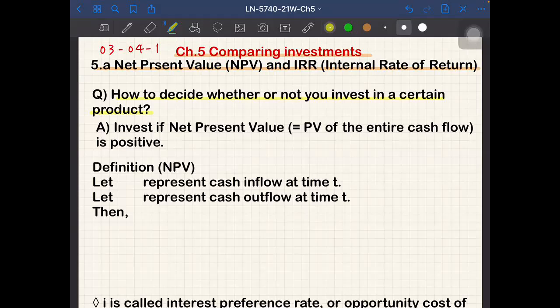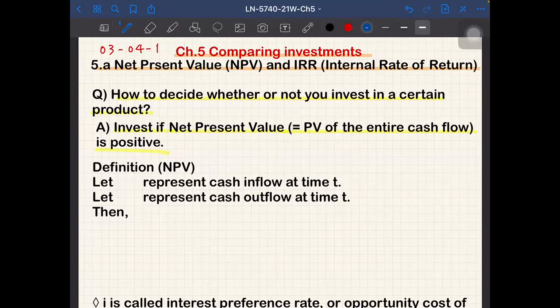So we have to make some decision to sell that product, to buy that product, and so on. And the answer to this question is to invest in that product if net present value, that is the present value of the entire cash flow, is positive. So that is pretty straightforward.